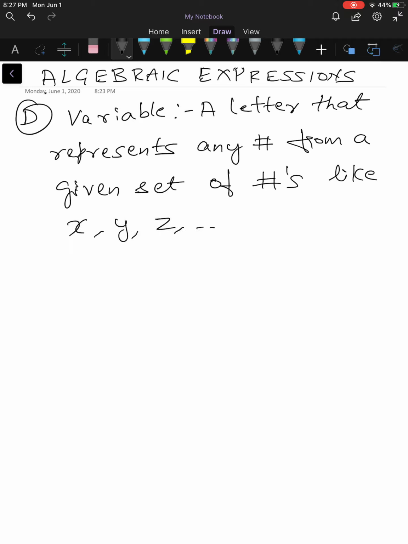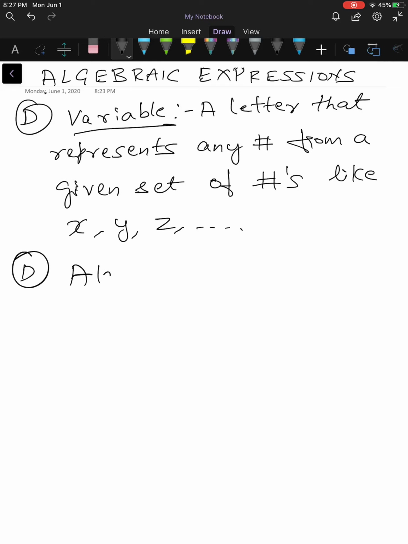Such a letter is called a variable. It represents any number. That means it can take any value of any number which belongs to a certain set. Maybe it can be the set of all natural numbers, the set of all rational numbers, the set of all real numbers. That is why the name variable, because it doesn't have a specific value. Its value can vary according to the situation.